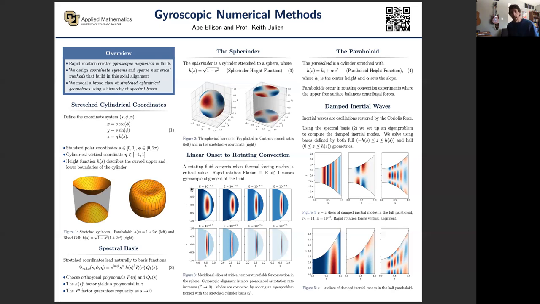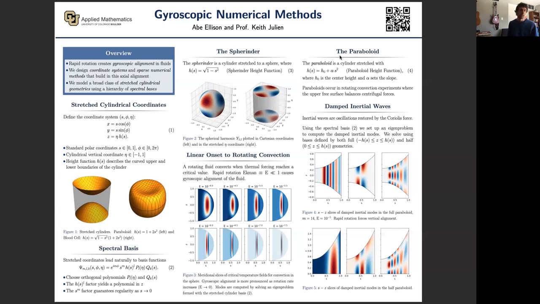So you can see here, as rotation rate increases across and down, the structures become more and more vertically aligned. And so you can see here at the most rapid rotation that we solved, we have these really tall, thin cylindrical structures. And our spectral basis is really well suited to accommodating these.